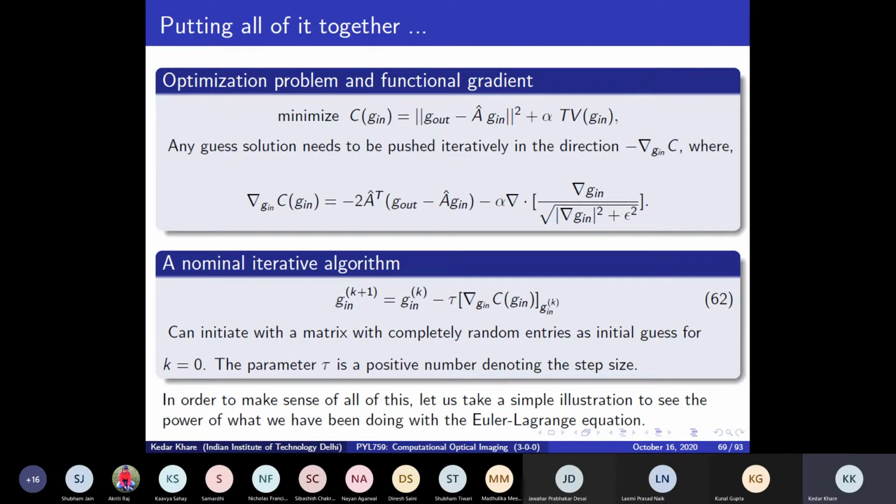So I want to make sure that I take a step size tau such that the cost function is truly reducing. Because I know that this is a direction in which the cost function will reduce, but if I go too far, then I'm not sure if it will really reduce or it will go higher again.